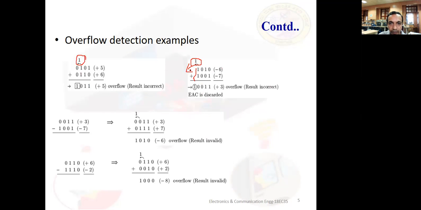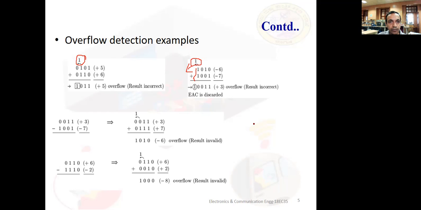I'm showing the annotation here. If carry into the MSB is not the same as carry out of the MSB, then also I can say that there is overflow. Please try to solve more examples on this. I have given them in the notes and in the MCQs also. Please try to solve and understand this concept.